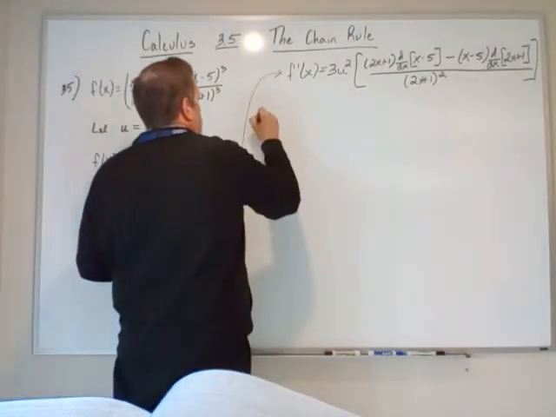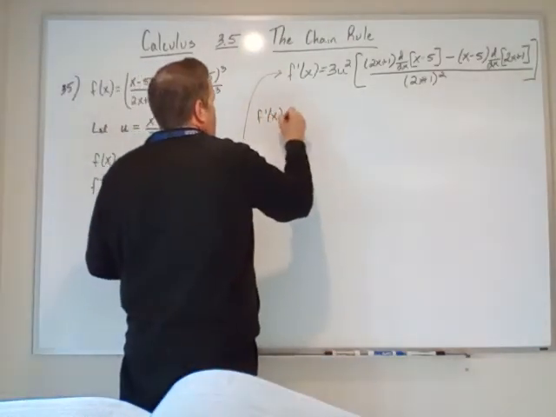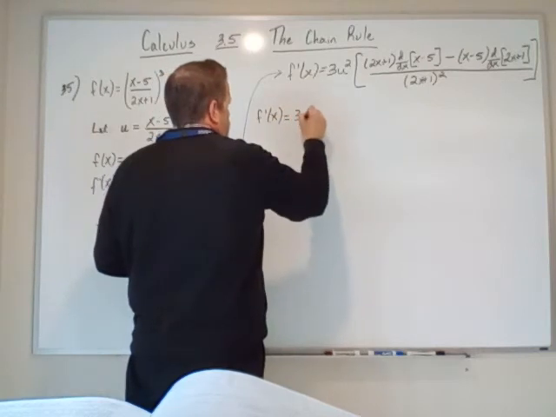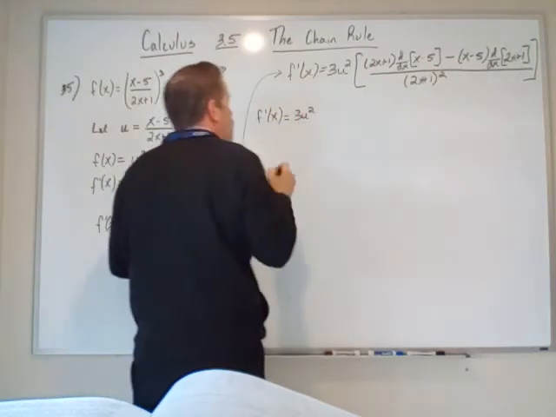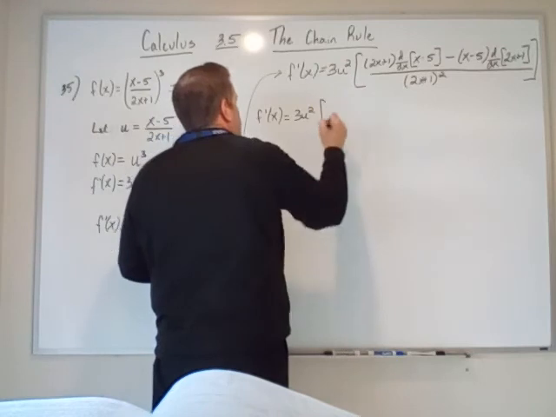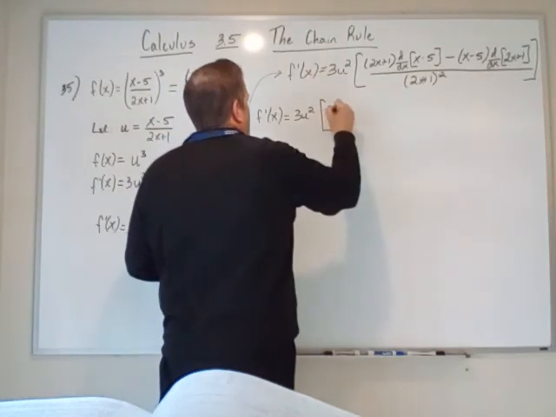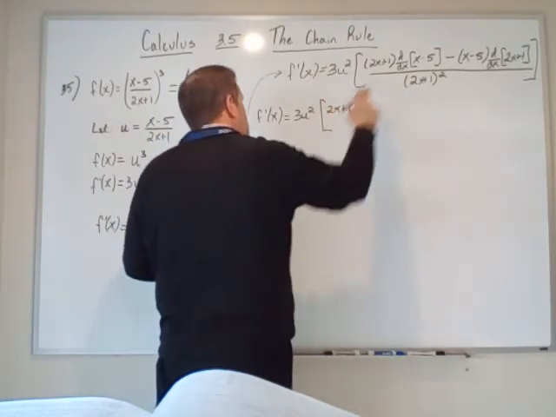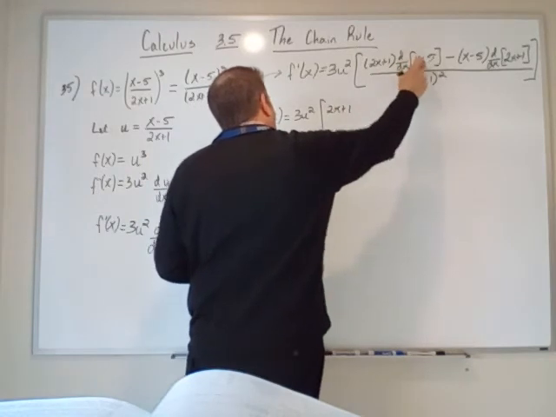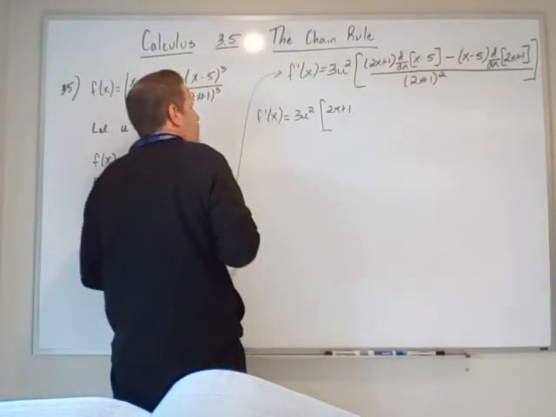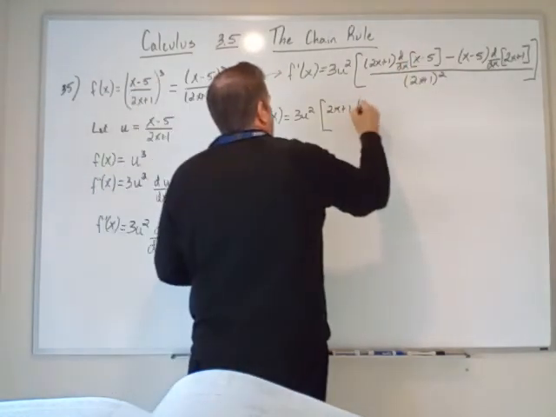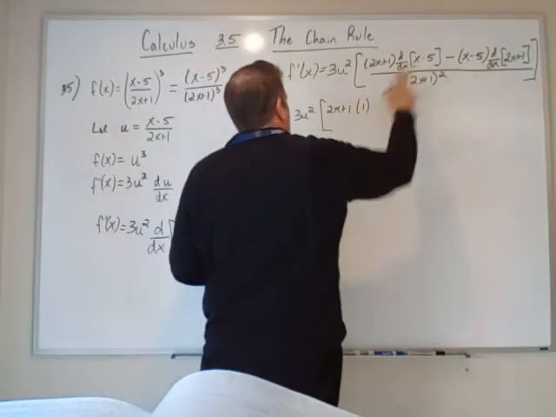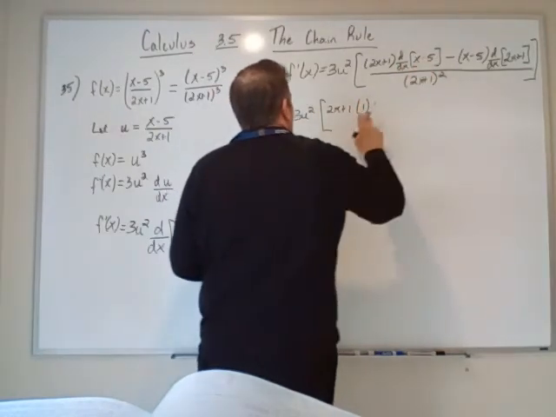So my next step, f prime of x is going to equal 3u squared. Still got to plug in for that u. Then I've got this quantity, so let's take a derivative here. I've got 2x plus 1. Now I need the derivative of x minus 5 with respect to x. Okay, and that derivative is 1. The derivative of x is 1. The derivative of 5 is 0.